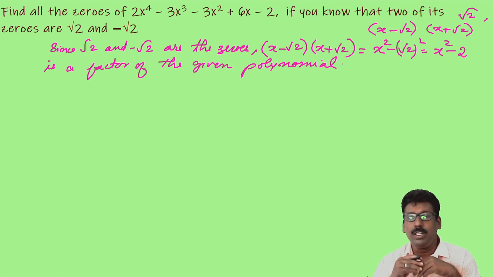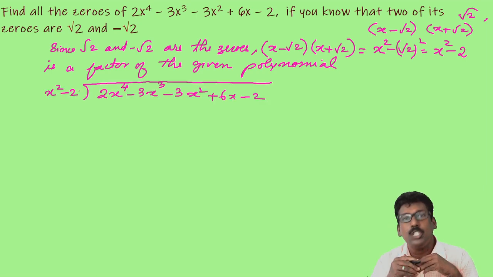Now what you have to do is divide the given polynomial by this factor. That is 2x raised to 4 minus 3x cube minus 3x square plus 6x minus 2 by x square minus 2. That you know.